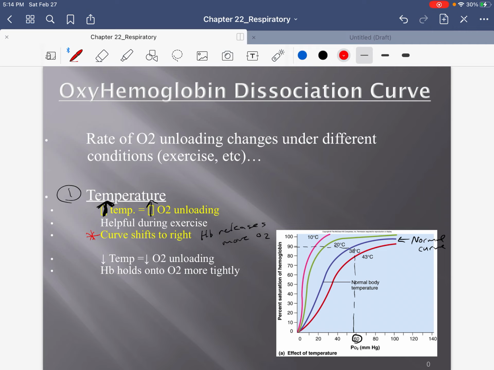But what about at that same PO2 of 60 for the red line? Now I'm at a hemoglobin saturation of maybe 75. So when the curve shifts to the right, hemoglobin is releasing more oxygen, which means that hemoglobin saturation goes down.